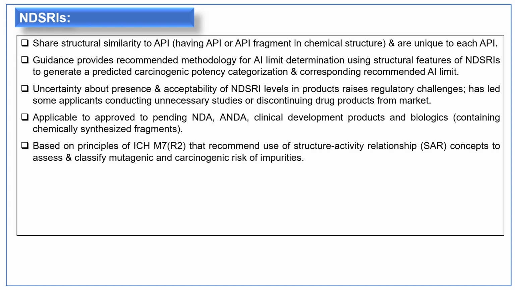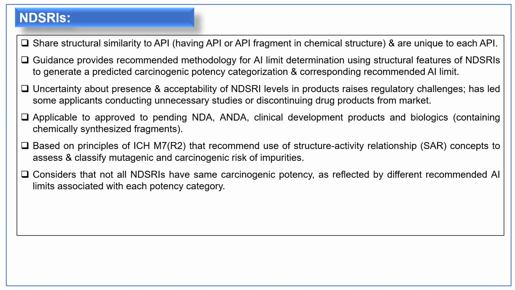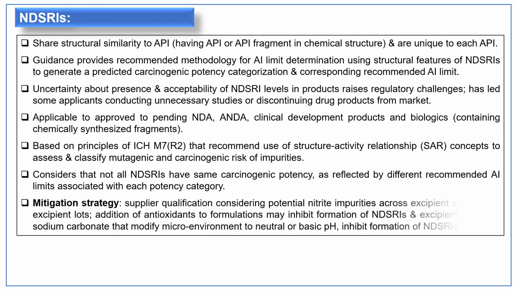It is based on the principles of ICH M7 that uses structure activity relationship, which is called SAR, concepts to assess and classify the mutagenic and carcinogenic potencies of the impurities. It considers that not all the nitrosamine drug substance related impurities have the same carcinogenic potency, as reflected by different recommended AI limits associated with each potency categorization.